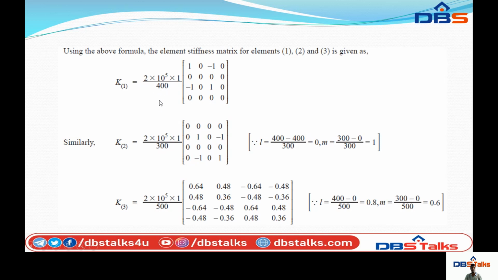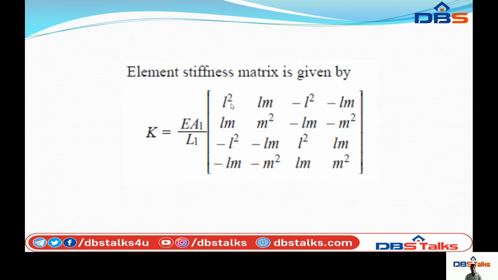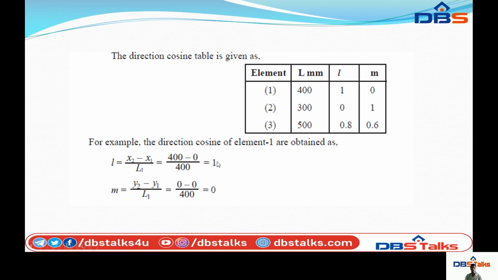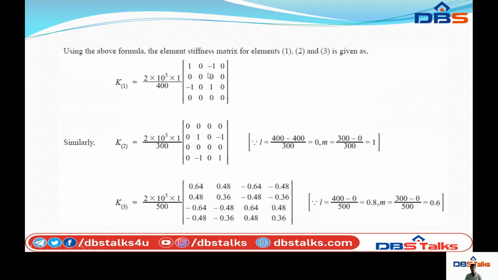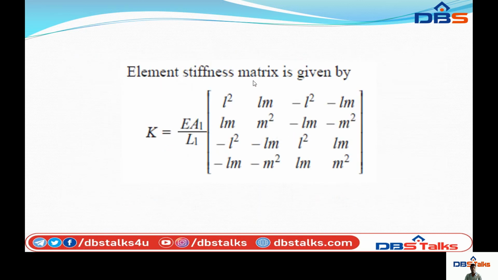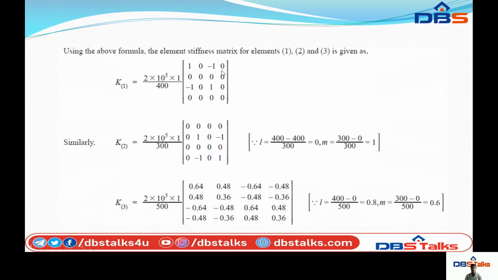The length is 400. Then L square is 1 square, which is 1, and LM is 1 into 0, which is 0. Minus L square is minus 1, and LM is 0. Based on the L and M values, you calculate all the values. This is the stiffness matrix for element 1.